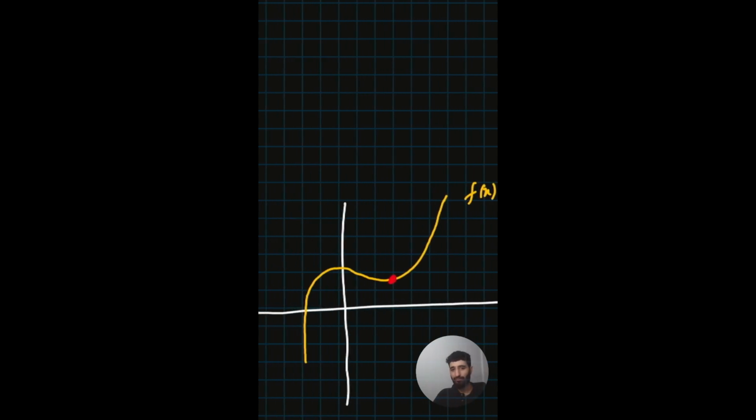Now consider the case when instead of giving you information at multiple points, we just have a single point A. I call this point A and its value f of A. Now if I ask you to build the estimate of this function with just a single point of information, what you can do is draw a straight line.